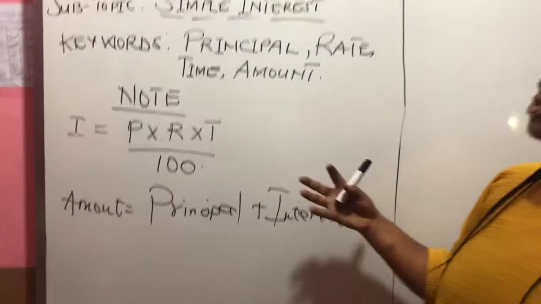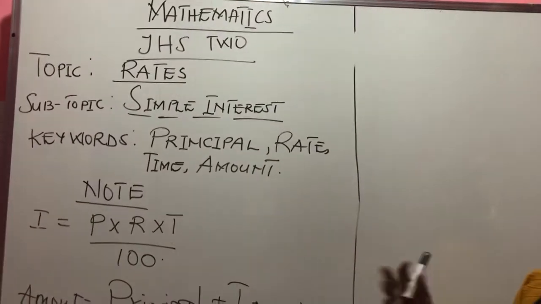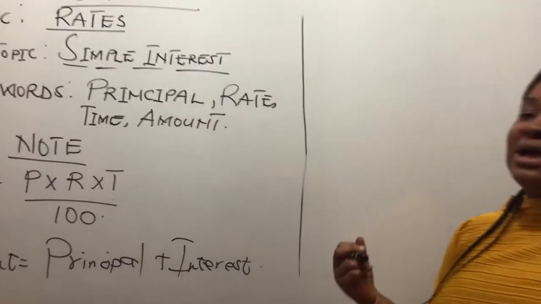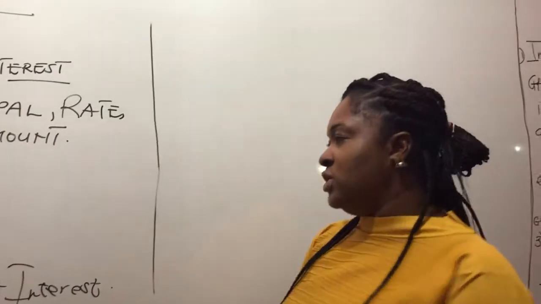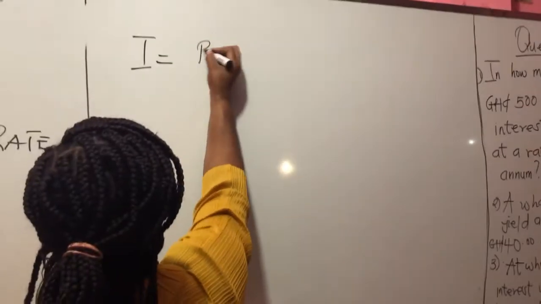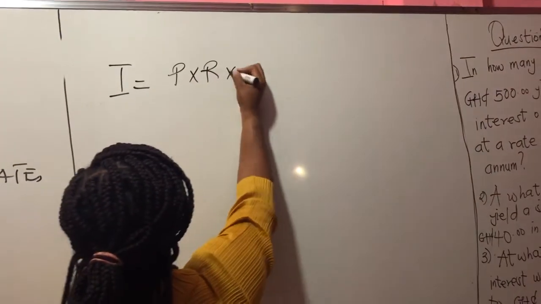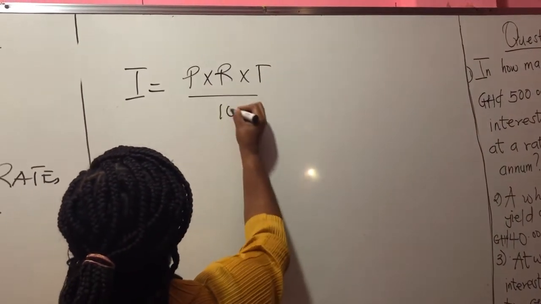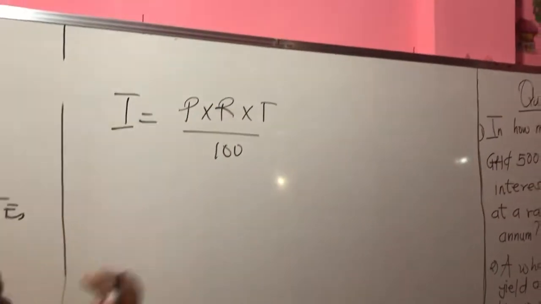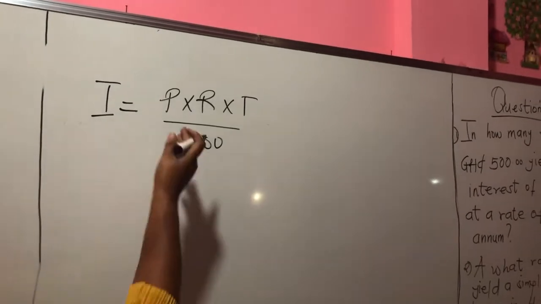So now let's try to generate the formula for this. So in a question where you are being asked to find the rate, how do we do it? First of all, you write your formula. Interest is equal to principal times rate times time, all over what? 100. Now, we are making rate, or R, the subject of the equation, because we've been asked to find rate.